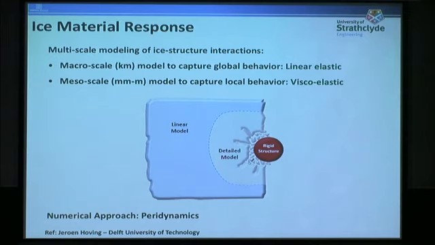When we get close to the ice-structure interaction region, we would like to have a detailed model, and this detailed model can be represented by a viscoelastic material model, and it can also take into account multi-scale aspects, so we can look at micro cracking happening and so on. And once we go outside of this interaction region, we can use simplified models, and we can couple these two things together.